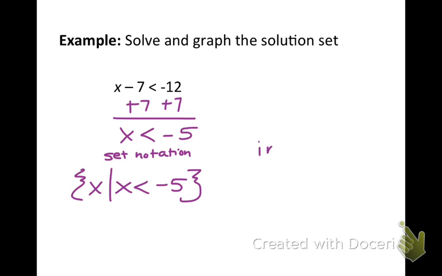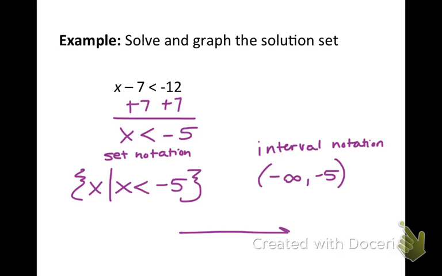What would it look like in interval notation? Yeah, parenthesis, negative infinity, negative 5 with a parenthesis because we don't have the equal to. What would it look like as a graph? I'm way okay with lazy graphs.